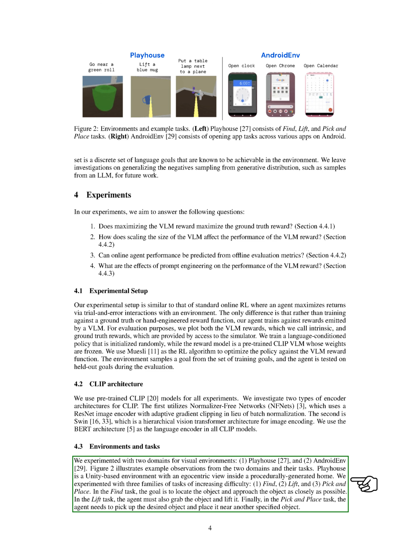We tested three types of tasks in this environment: find, lift, and pick and place. In the find task, the user has to locate a specific object and get as close to it as possible. The lift task requires the user to find an object, grab it, and lift it. The pick and place task involves finding a specific object, picking it up, and placing it near another specified object.